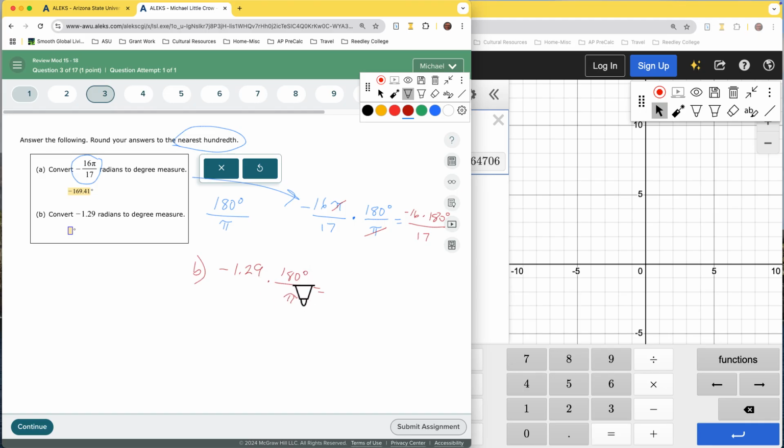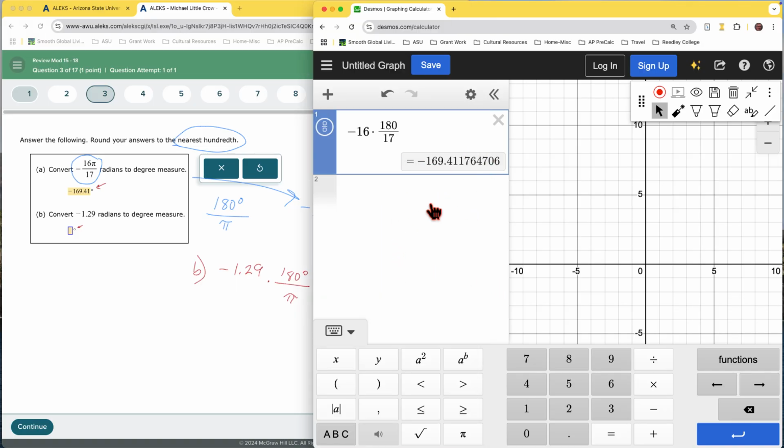And there's nothing to cancel, so we still have negative 1.29 times 180 degrees divided by pi. So we put this into the calculator, and our units are going to be in degrees. And again, they've already got the degree marker in the answers, so we don't have to add that.